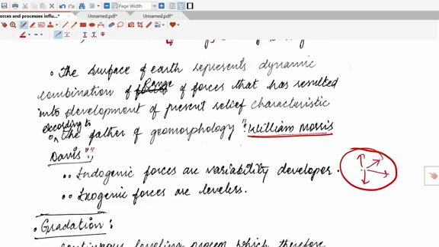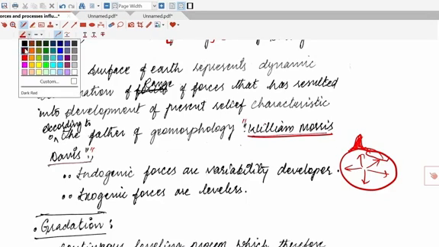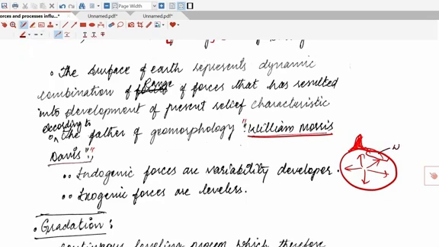These forces are the base for the development of reliefs like mountains, or they may form depressions, like here, sea water. This depression is formed into a sea or ocean.